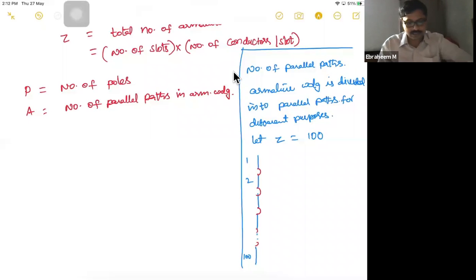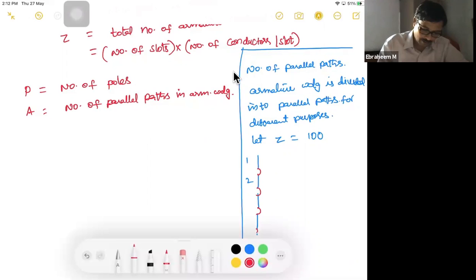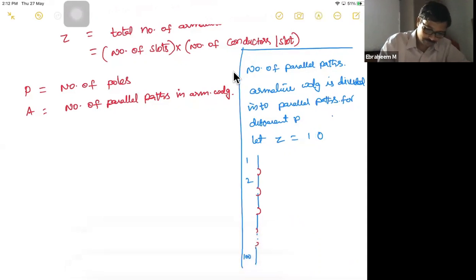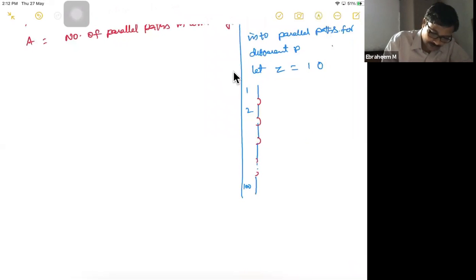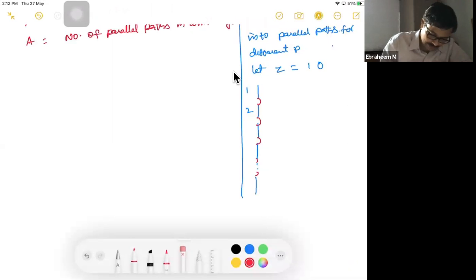Sorry, I have taken 100, right? So these are 50 conductors. I can connect 50 conductors in series like this.